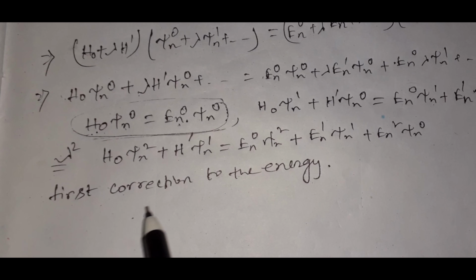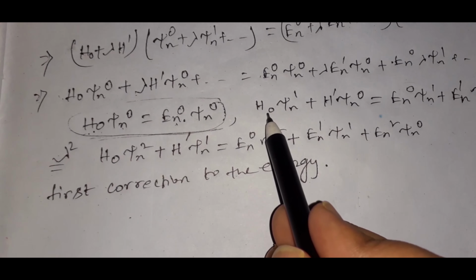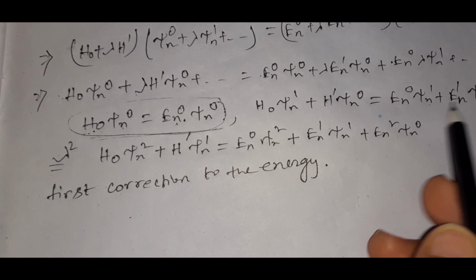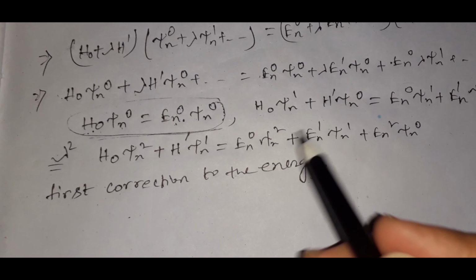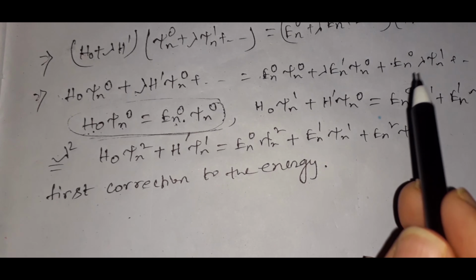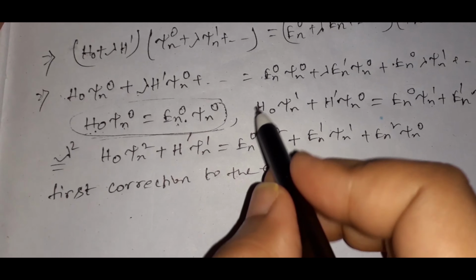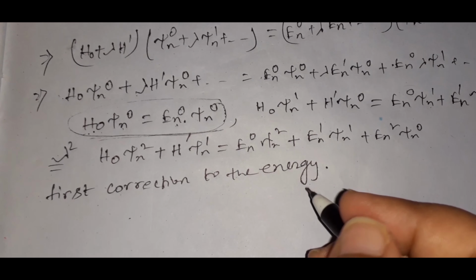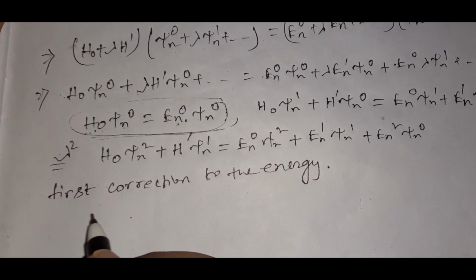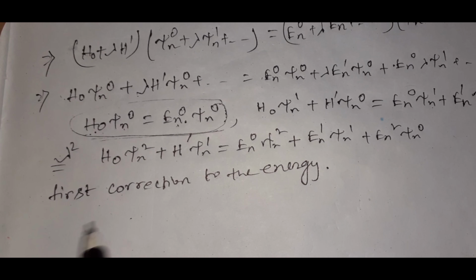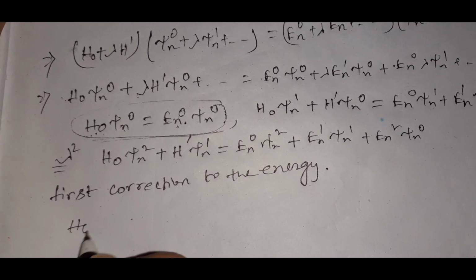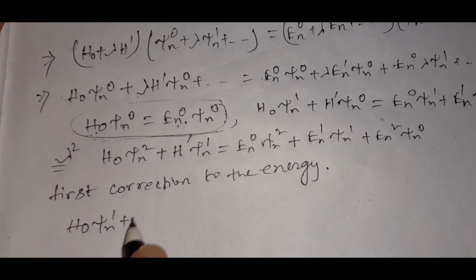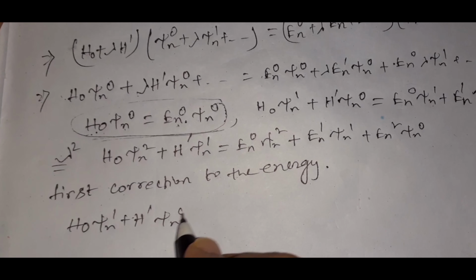To find the first correction to the energy, we are going to write this equation, which is for lambda to the power 1. We get this by equating lambda to the power 1 and putting lambda equal to 1.